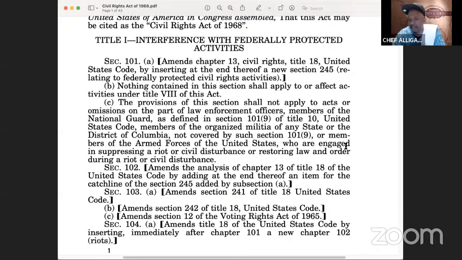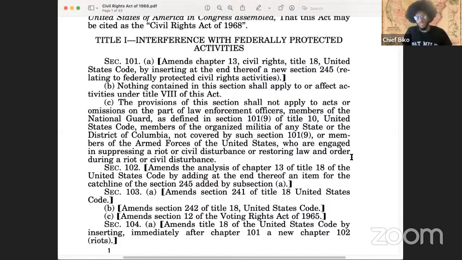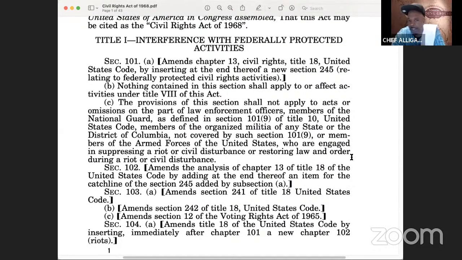So what's that really saying? Just coming straight up the middle. Military occupation. Yeah, the military occupation will not be ceased due to this act, and also Title 8. Title 8 is the Fair Housing Act. So when you read subsection B, nothing contained in this section shall apply to or affect activities under Title 8.